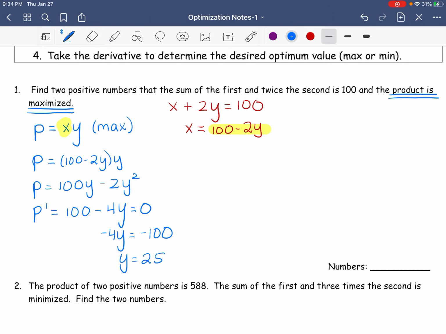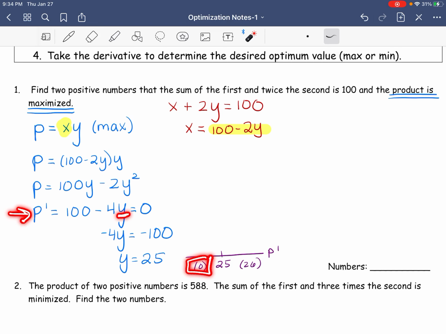Now it told me I was supposed to maximize this. Really what we're supposed to do, but you can actually skip, is we're supposed to make sure that 25 is a maximum, like we did in the previous unit, where we would put it on a number line and we would test the derivative or the slope on either side of 25. And just as a reminder from last unit, we would take this test number and plug it into the derivative in for y.